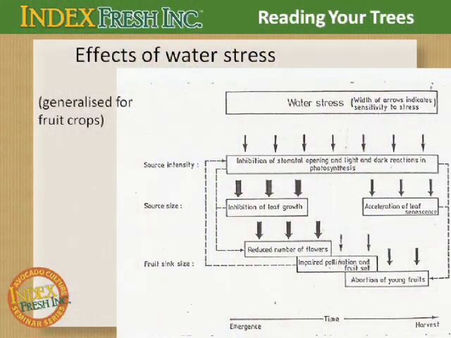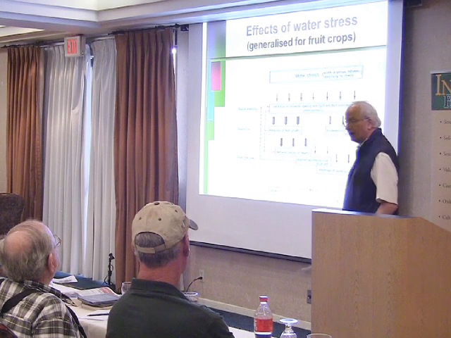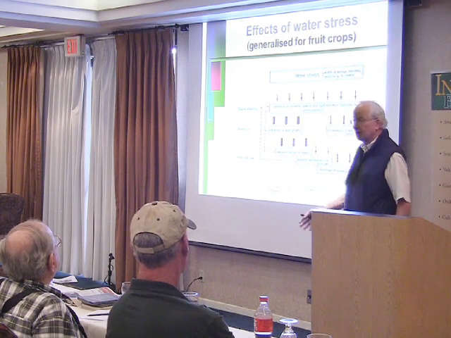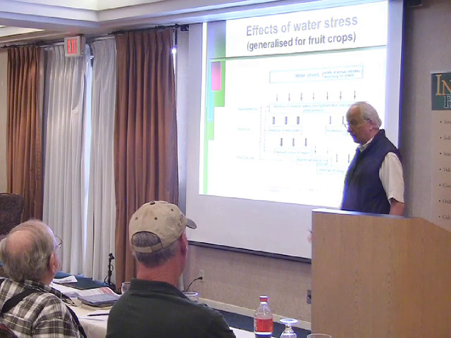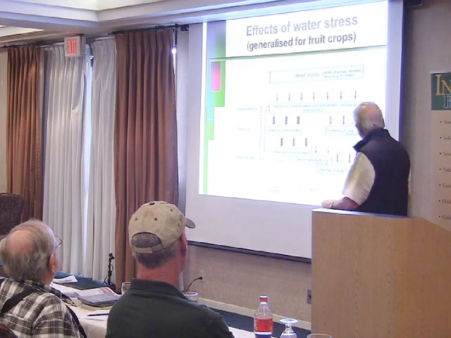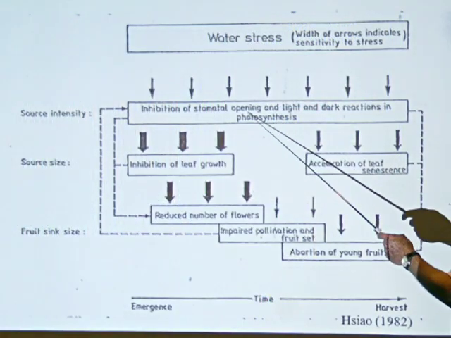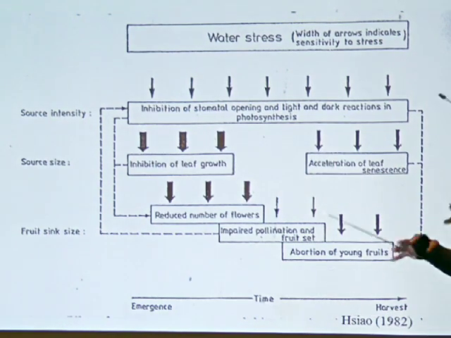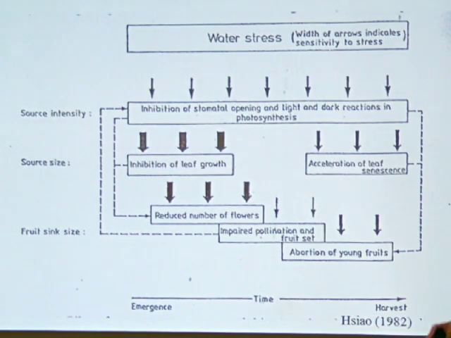Water stress. We've used this because it applies to avocados as well as any other. What happens when you have water stress, like you have now? Most groves have a degree of stress. First, those stomates in the leaves tend to shut down. They are trying to protect the water they have to keep water relations within the leaf.